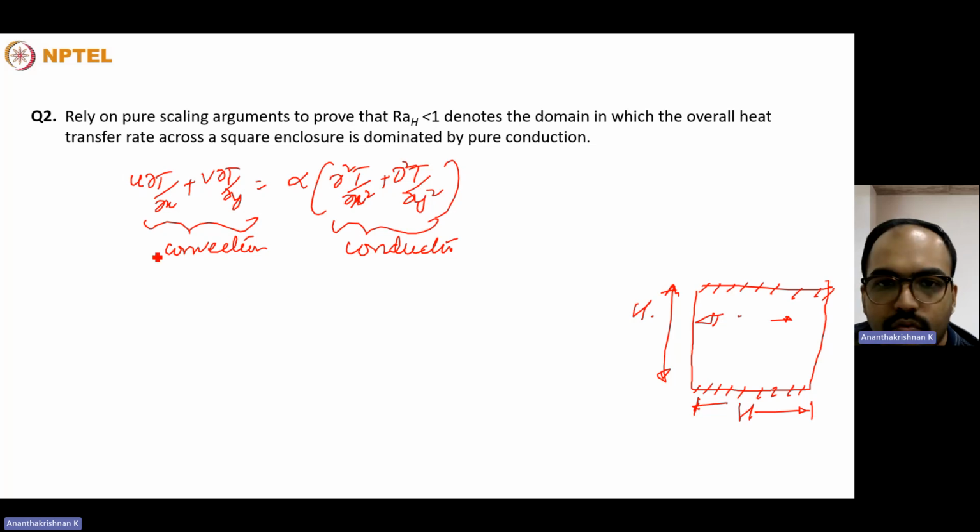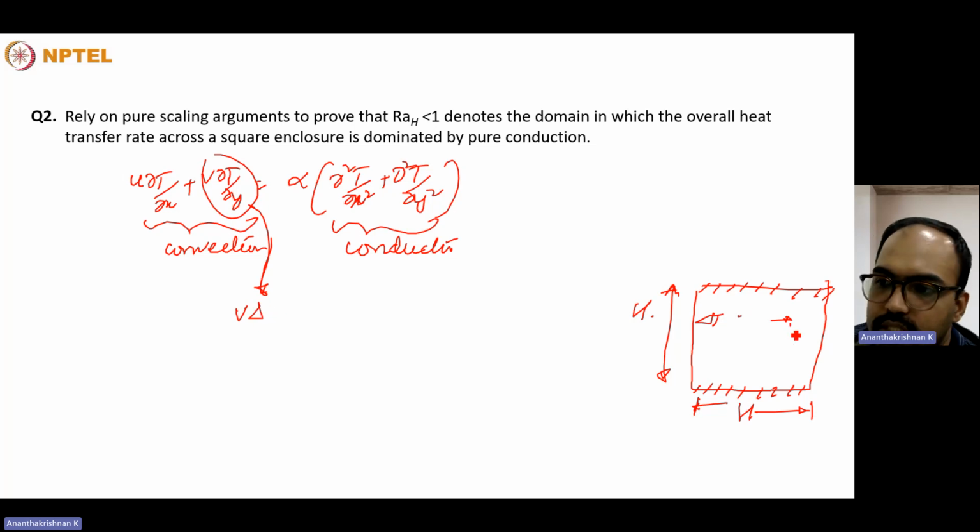So before that we can scale it accordingly. Basically the scales of these two terms should be the same. The convection term could be scaled as V into delta T divided by H, where g acts in this direction, this is the Y direction and this is the X direction.